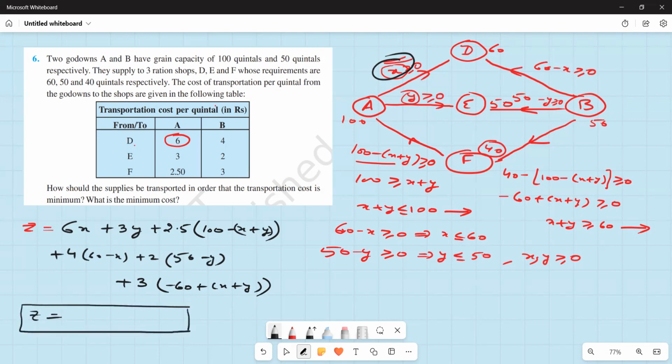So this will be 6X minus 2.5X and minus 4X, right? And then 3Y minus 2.5Y and minus 2Y.